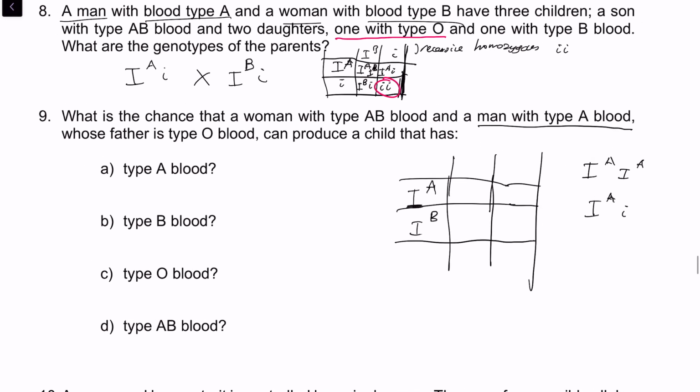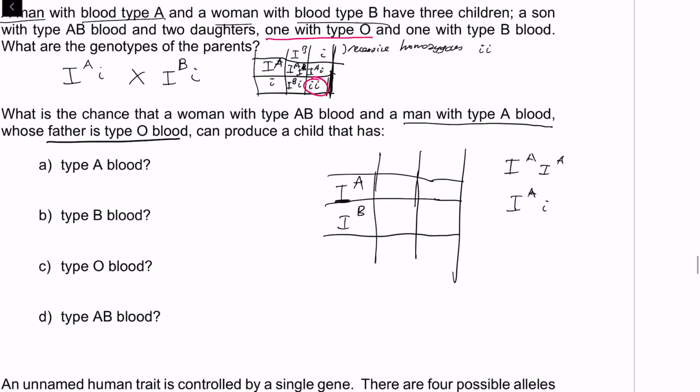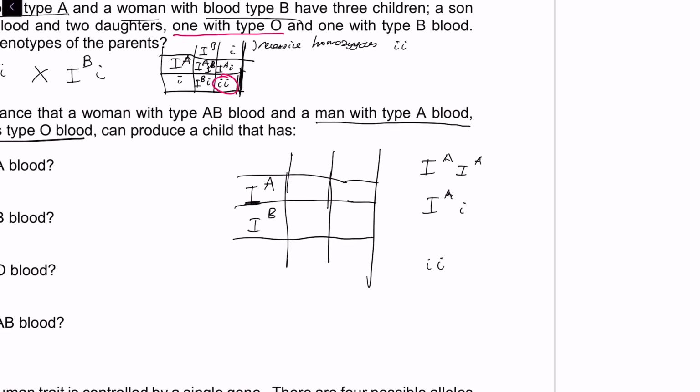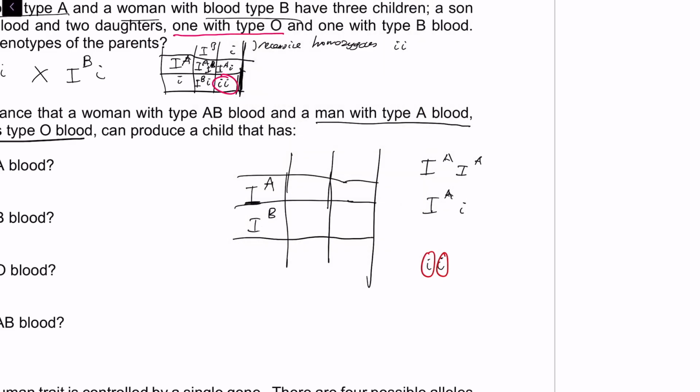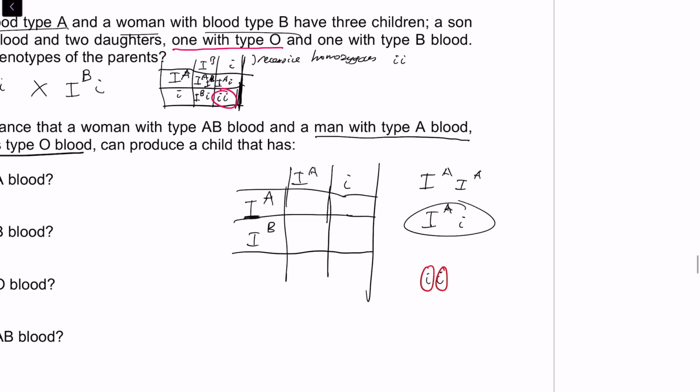If the father is type O blood, then that means the father's genotype is lowercase i, lowercase i. So no matter which allele they choose, whether it's the first lowercase i or the second lowercase i, their offspring are always going to have that lowercase i. So it has to be this genotype I've circled in black there. Therefore, this is the Punnett square that we're meant to be using.